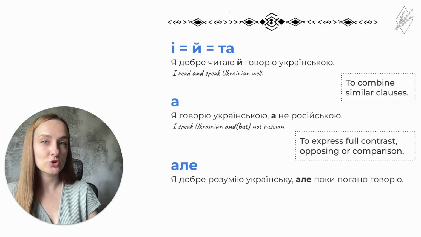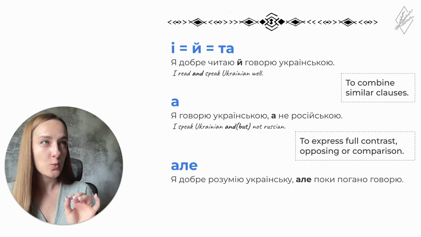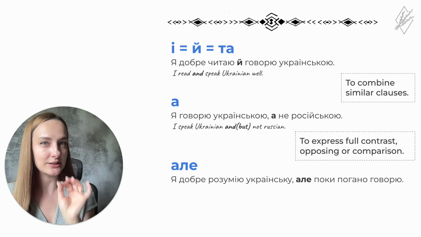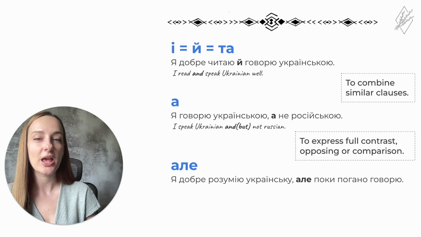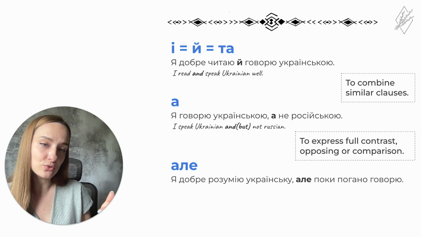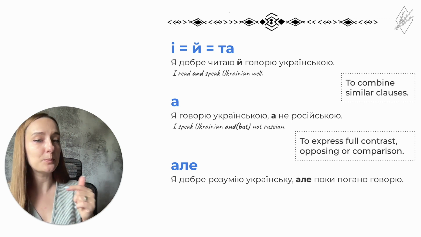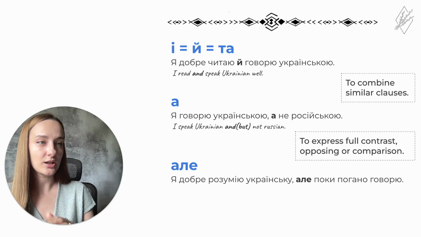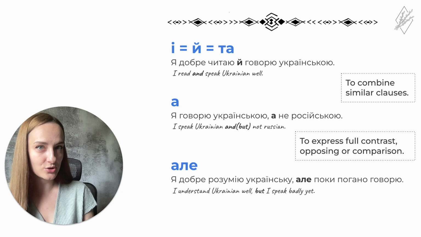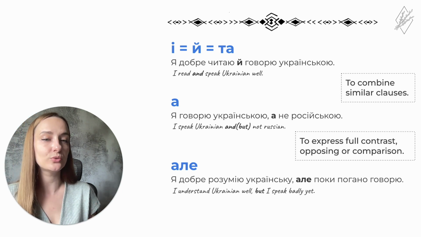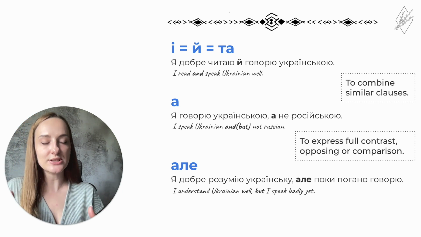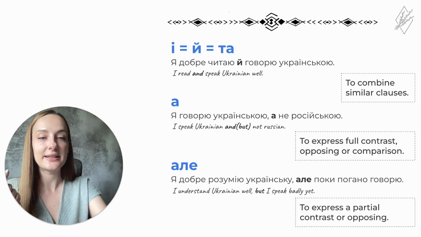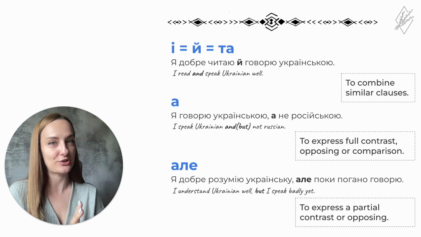While the conjunction але will be close to conjunction а, but still a little bit different. Let's try to feel this difference. Я добре розумію українську, але поки погано говорю. Here we also have like a contrast or opposite, but here it is just partial.